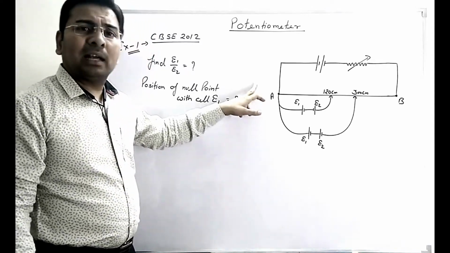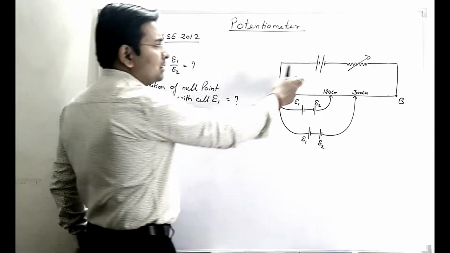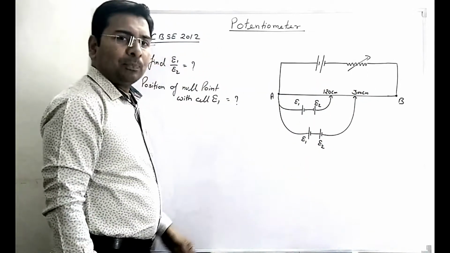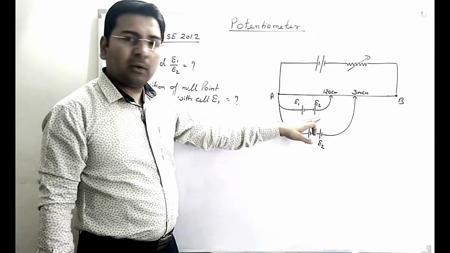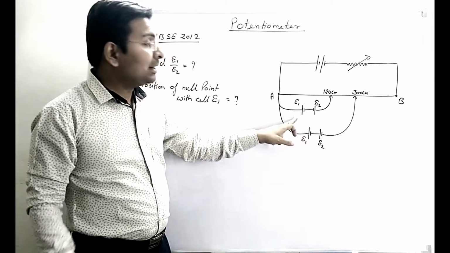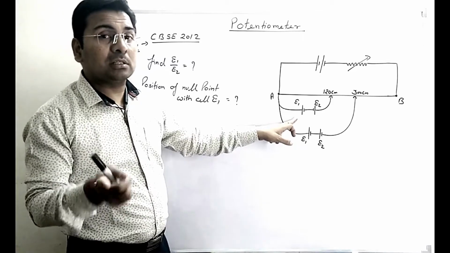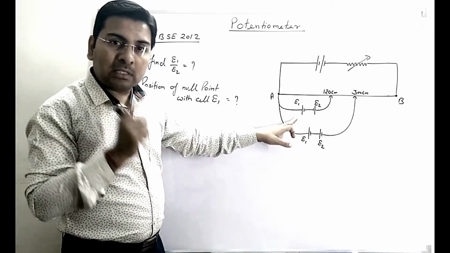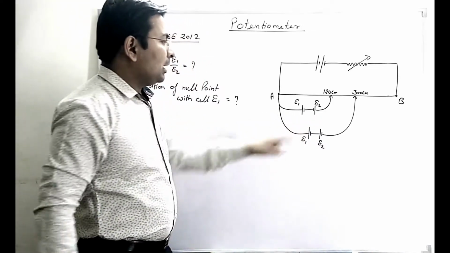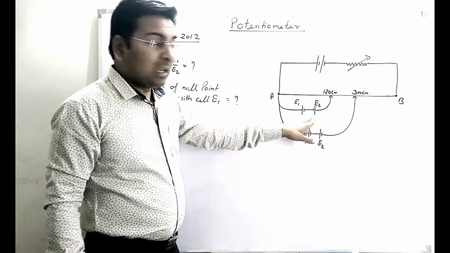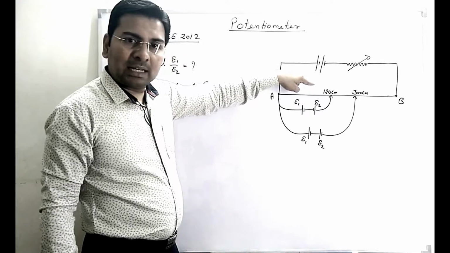Now what is the data given to us? This is a setup of potentiometer in which two cells of EMF E1 and E2 are connected in two different positions one by one. In the first situation the two cells are connected such that they are providing current in opposite directions. Now the null point length is 120 centimeter.